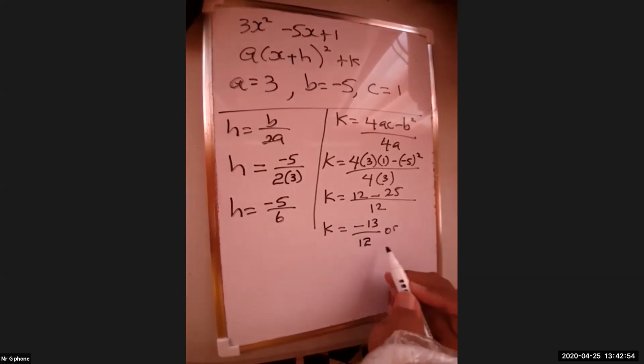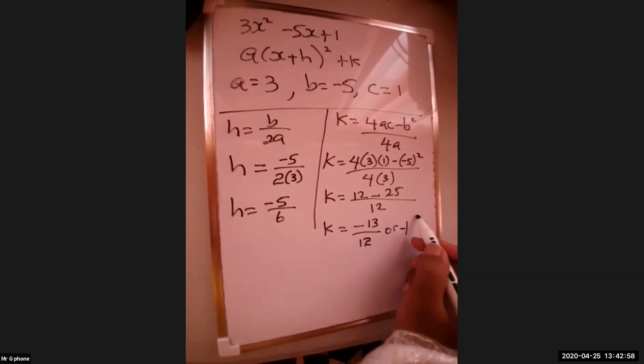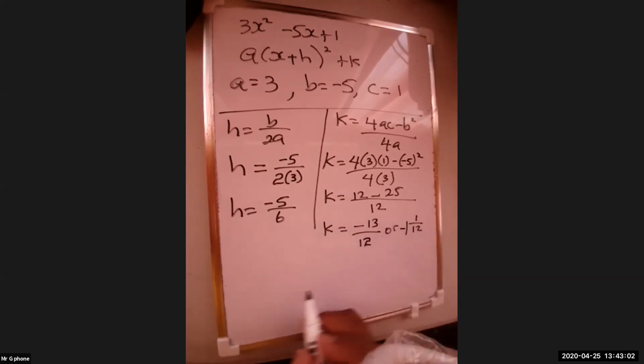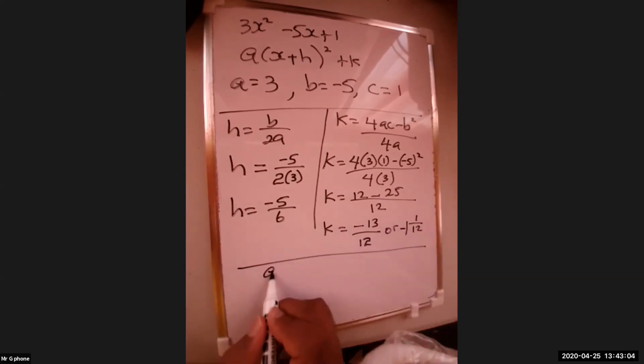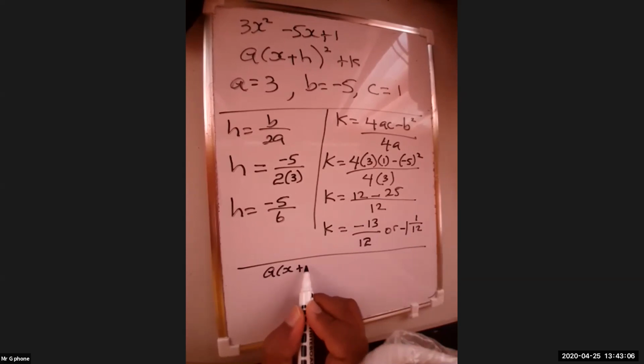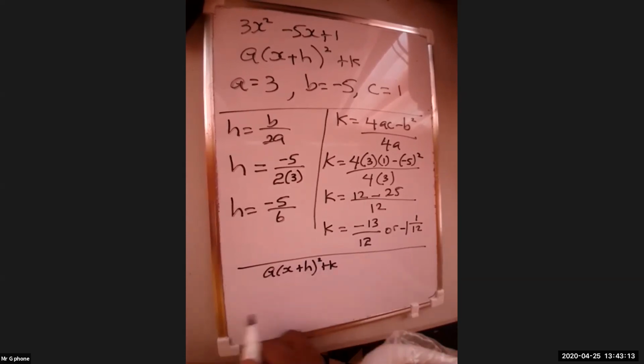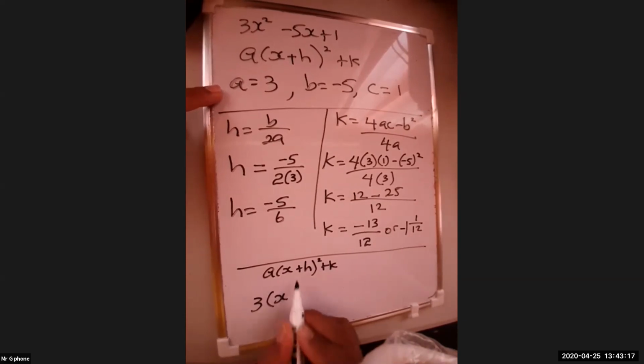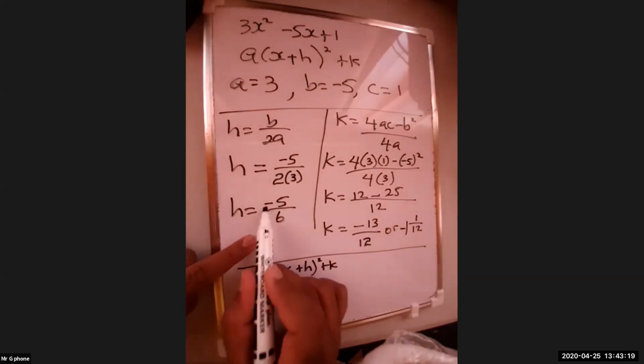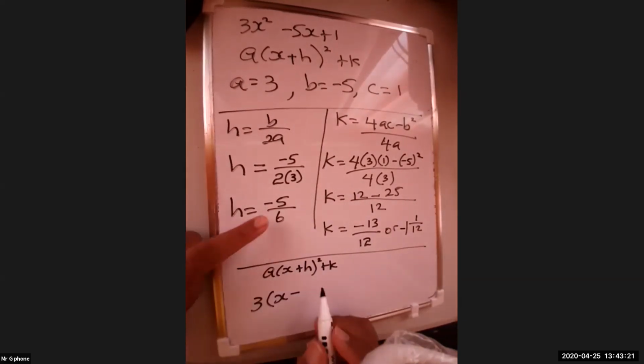Or if you wanna write it as a mixed number, it is what? -1 and 1 over 12. Okay, so in the form a into x plus h, squared, plus k, well, a is 3, x plus h, well, a minus and a plus will give us a minus, so 5 over 6.